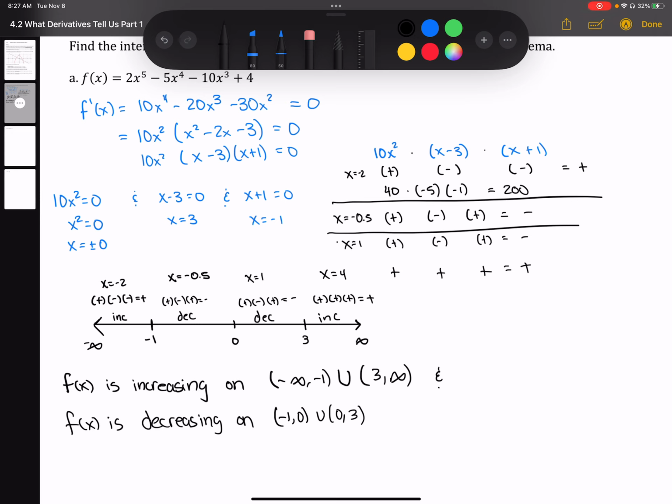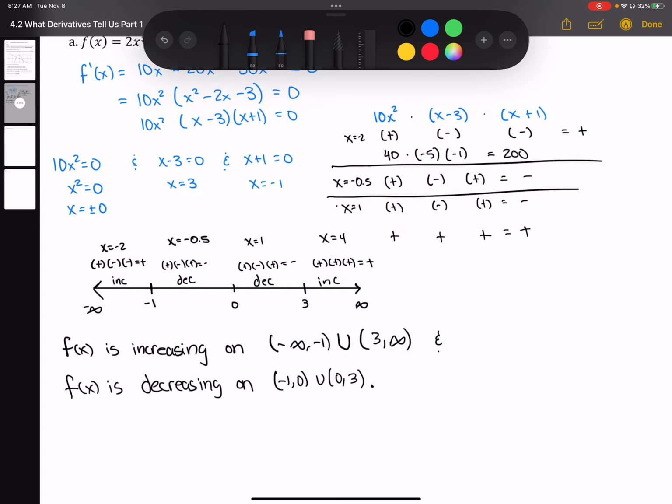Notice we split our interval at 0. That's because at 0, the function has this cessation of motion, but then it continues. The rate of change is zero there, so it cannot be decreasing or increasing. So we have -1 to 0, and then 0 to 3, even though the function is continuous at x equals 0. So that's where the function is increasing and decreasing.